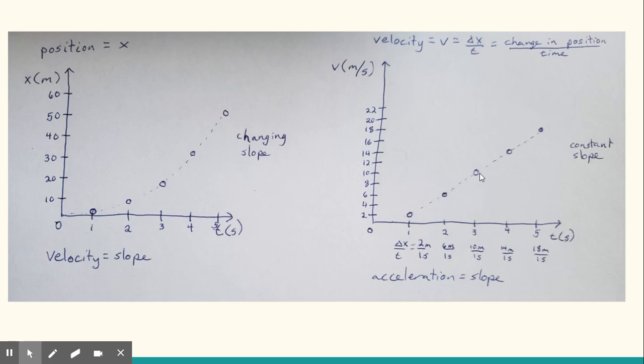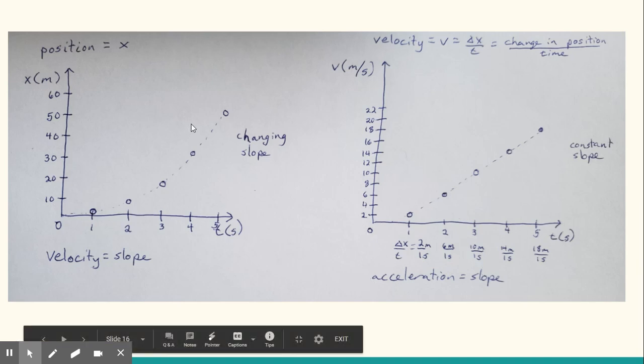And then we have 10. And then we have a change of 14. And then a change of 18 meters per second. And as you can see, the change in velocity in an amount of time is about 4 meters per second. That was the change in velocity in that amount of time, which is the acceleration.